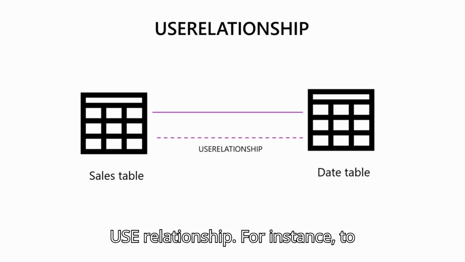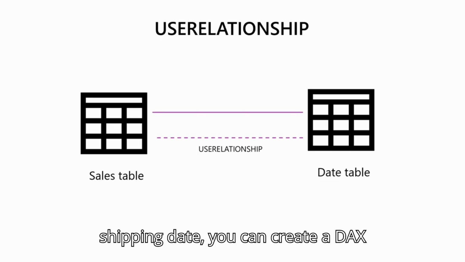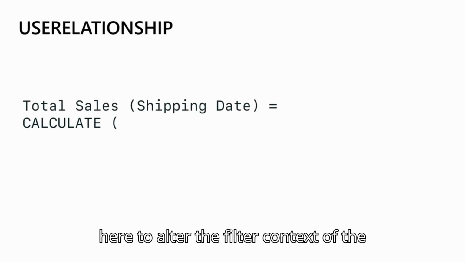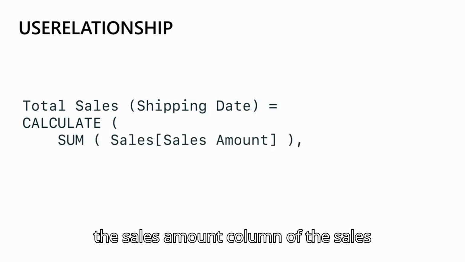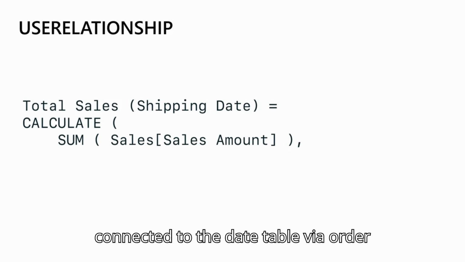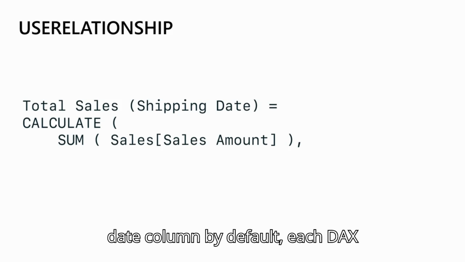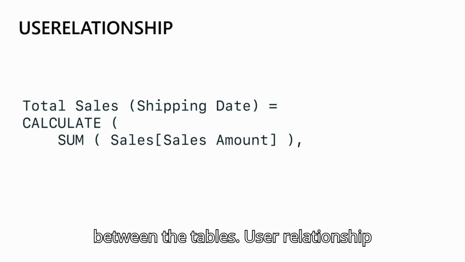For instance, to calculate the total sales based on the shipping date, you can create a DAX formula. Calculate is used here to alter the filter context of the entire measure. Sum is summing up the sales amount column of the sales table. As the sales table is connected to the date table via order date column by default, each DAX calculation is based on the relationship between the tables.